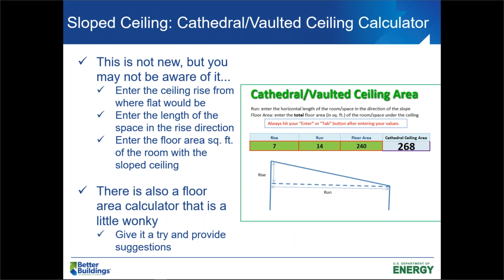This is another calculator, but you may not all be familiar with it. Hopefully this makes it a little bit easier to calculate the areas for a vaulted or a cathedral ceiling.